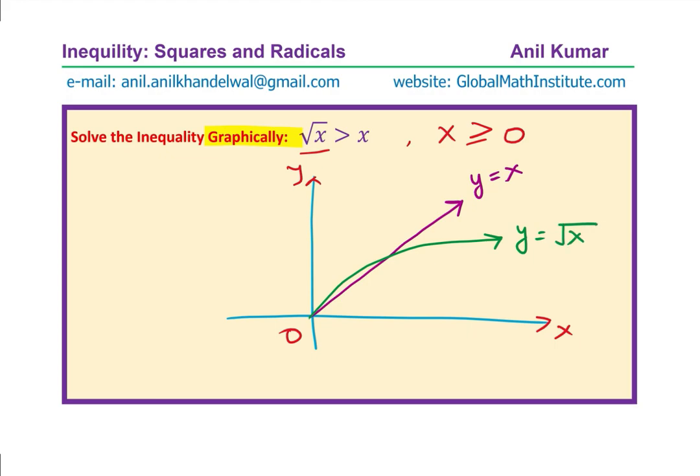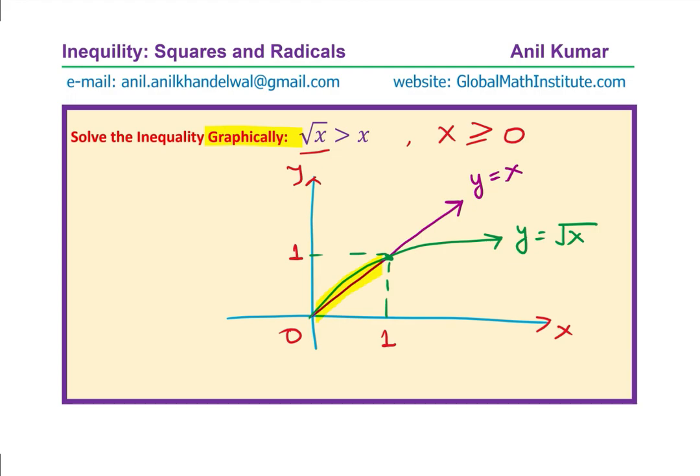From the graph, you can see that the point of intersection of these two is this particular point. And clearly, that value is 1. Square root of 1 is 1. Do you see that? So, in between, from 0 to 1, you can see that the square root function has a higher value.